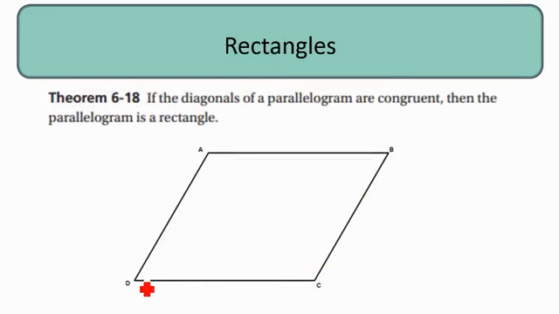If the diagonals of a parallelogram are congruent, therefore all four bisected parts are congruent, then the parallelogram is a rectangle.